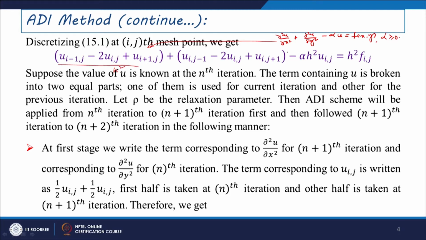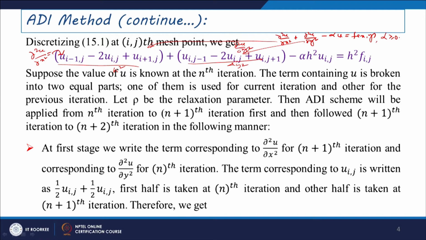Then if you discretize this equation here, this can be written in the form of u i j minus 1 minus 2 u i j plus u i j plus 1 by del y square. This is the complete representation of del square u by del y square.